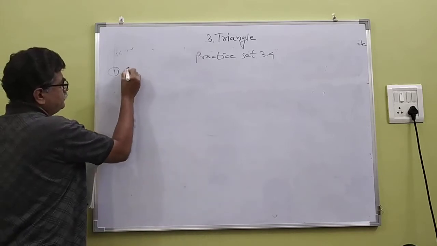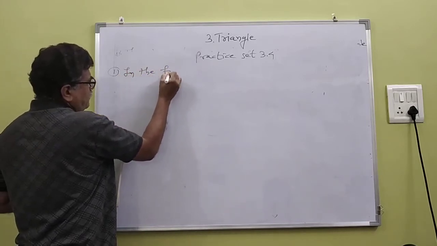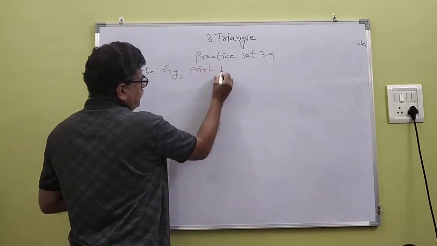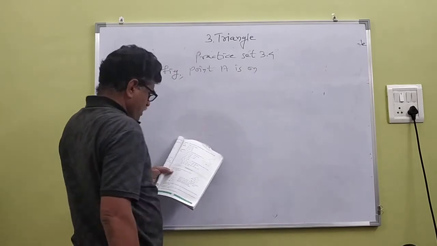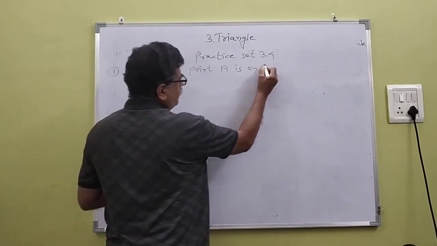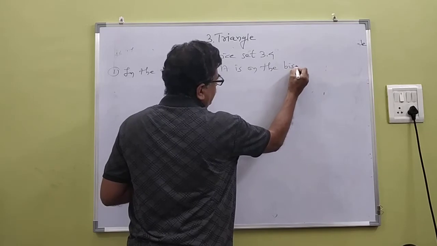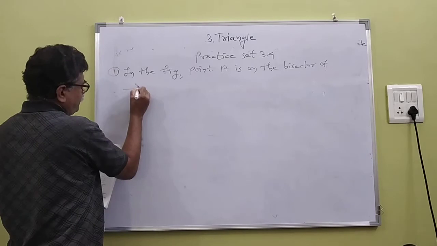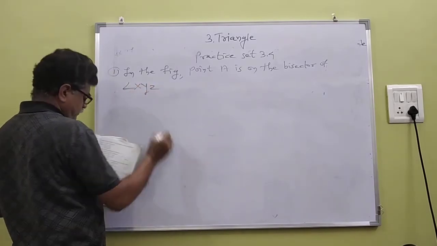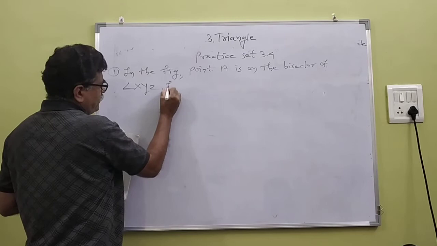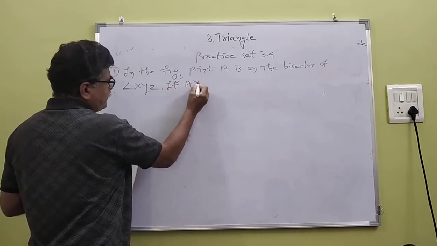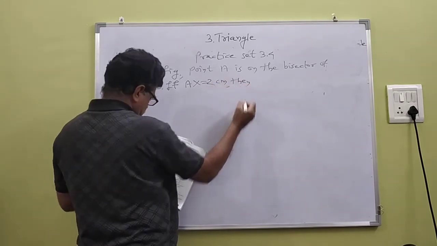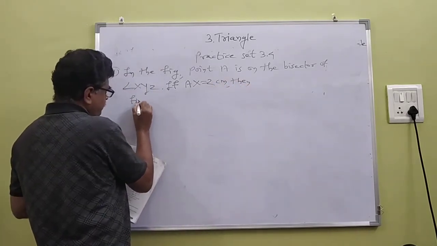In the figure, point A is on the bisector of angle XYZ. If AX is equal to 2 centimeter, then find AZ.